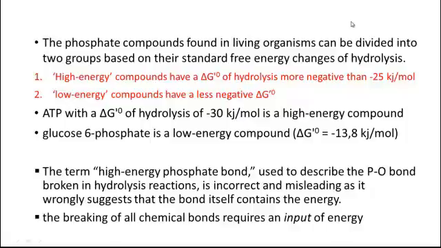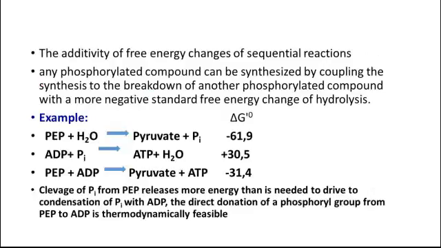The fact is that the breaking of any chemical bond requires the input of energy, whether it is the oxygen to phosphorus bond or any other bond. Another point is that the free energy changes in sequential reactions are additive. For example, PEP, meaning phosphoenolpyruvate, is converted to pyruvate and inorganic phosphate, or pyruvate and ATP.